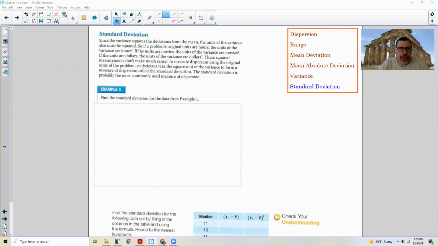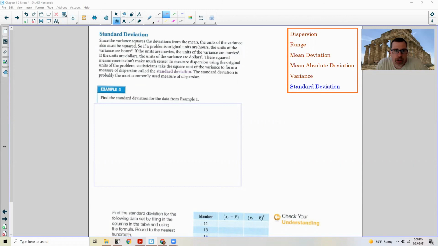Okay, standard deviation. So I'm going to read this before we continue. It says, since the variance squares the deviations from the mean, the units of variance also must be squared. So if a problem's original units are hours, the units of the variance are hours squared. If the units are movies, the units of the variance are movies squared.